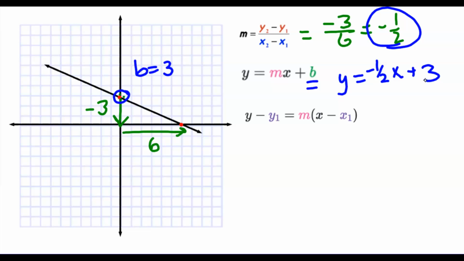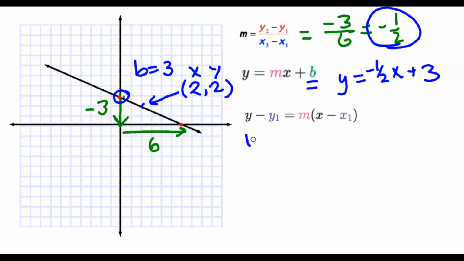You can write an equation for the same line in a different form called the point-slope form by using the slope and taking the coordinates of one of the points. So if I were to take this point right here, that point is the coordinate (2, 2). That means the x-coordinate's 2, the y-coordinate's 2.